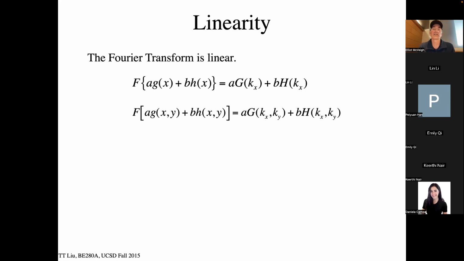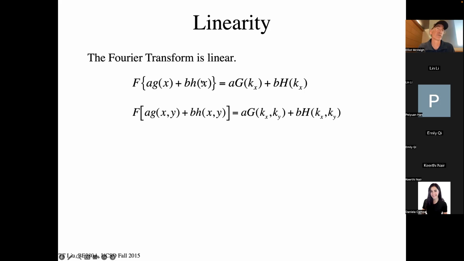We've already looked at linearity, and the Fourier transform as an operator or as a system is a linear operator. So if I have a function that I'm going to take the Fourier transform of that is the sum of two functions, A of g(x) plus B of h(x), then I can take the Fourier transform of g, that's G of kx.